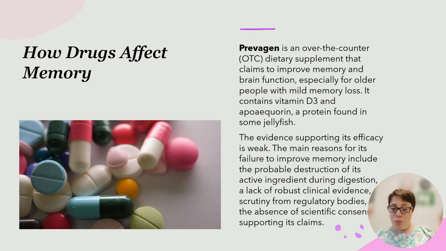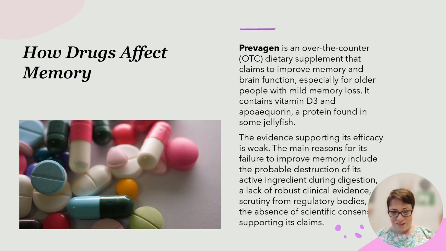So what is Prevagen? Prevagen is an over-the-counter dietary supplement that claims to improve memory and brain function, especially for older people with mild memory loss. But when we actually look, okay, at what the active ingredients are in this drug, there's vitamin D3, which is essentially fortified calcium, and there's also a protein found in jellyfish.